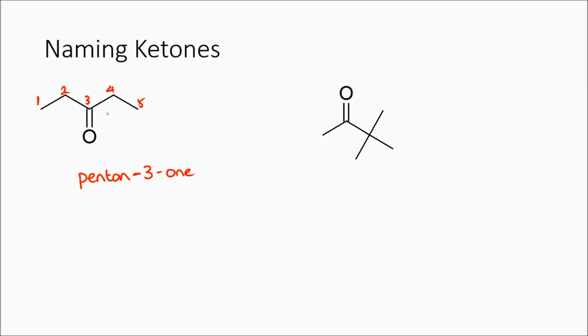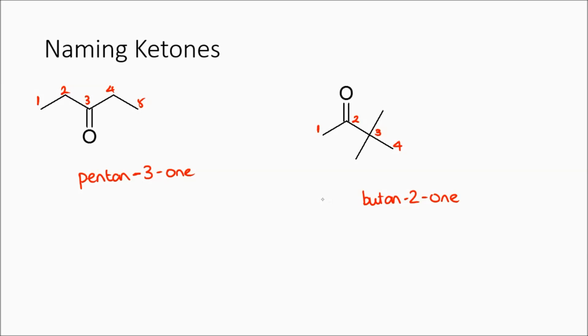Okay. Now, as usual, we will try and minimize the number for the carbonyl group. So 1, 2, 3, 4 here in this case. So I have butan-2-one, and I've got substituents in the 3 position, 2 methyl groups.